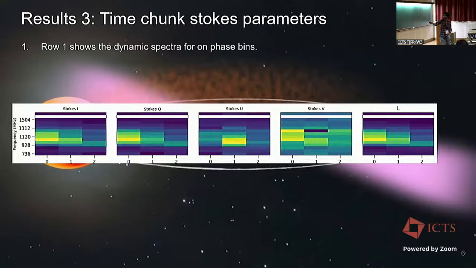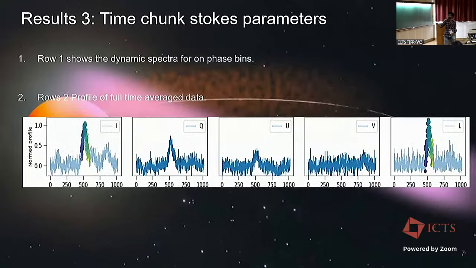So this is the four Stokes parameters and the L observation. This is the dynamic spectra. We have the profile as well. So you have 1024 pulses, and you have the Stokes IQUV profiles. The dotted points are the main component for this pulsar.